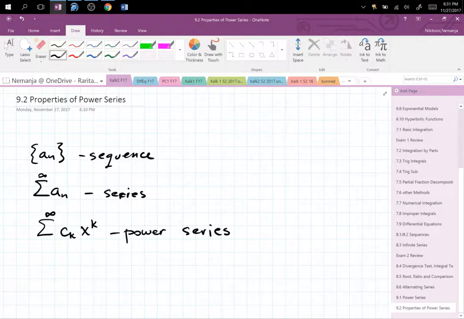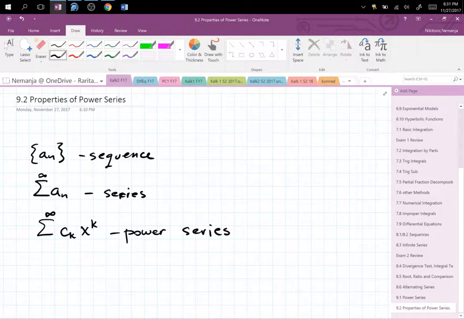Now, looking at these power series, I told you that there are other flavors of power series, such as Fourier series, which contains sines and cosines instead of x to the k. There are Laurent series and a bunch of other series out there that are learned sometimes later in mathematics if you are interested.